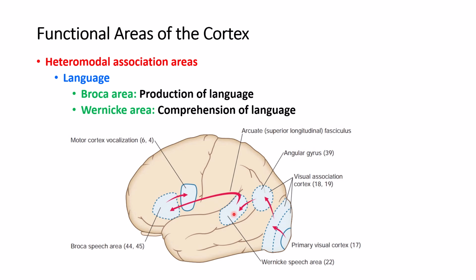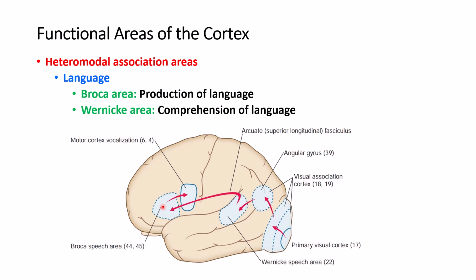Then Wernicke area is connected with the Broca speech area, and this is for vocalization. It is connected with the motor cortex vocalization area, which is for movement of the larynx. But Broca's speech area has a bigger function: it is responsible for the amount of air coming from your lungs, movement of the vocal cords, the tongue, the cheek and the jaw during speech.